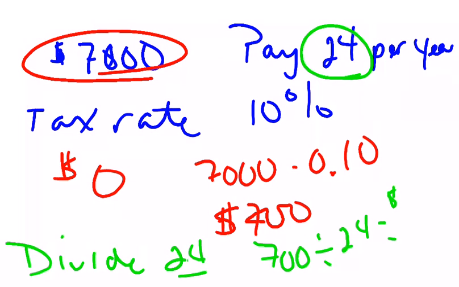And so there should be $29.16 taken out of every paycheck for taxes. So what he can do is monitor his paychecks every time he gets them, make sure that there's $29.16 getting taken out for taxes, and then he'll be pretty safe as long as he doesn't make more income than that, that he won't owe taxes when it comes time.